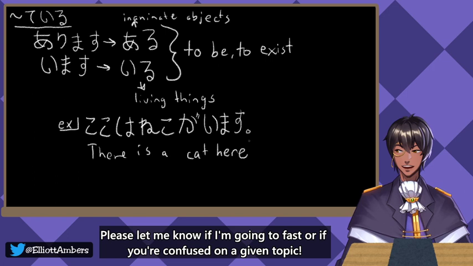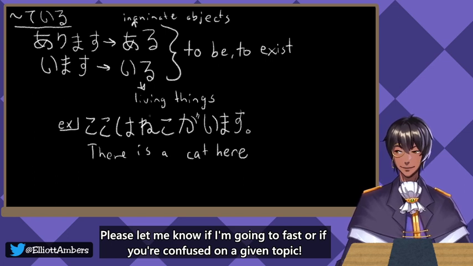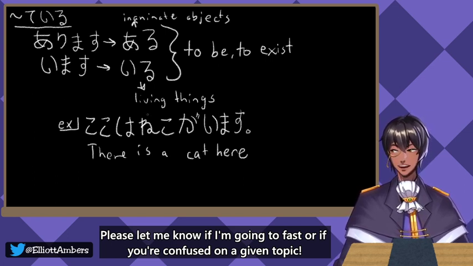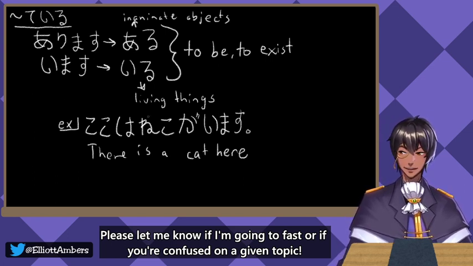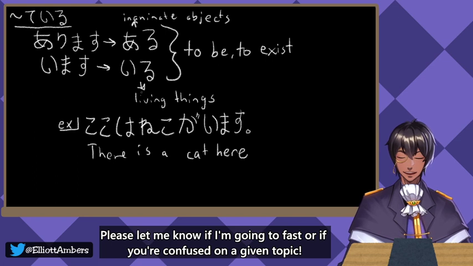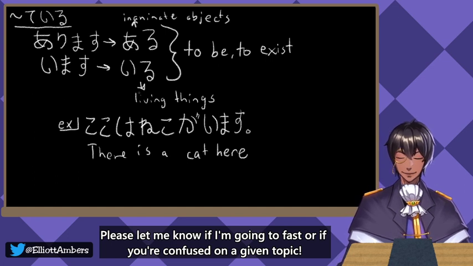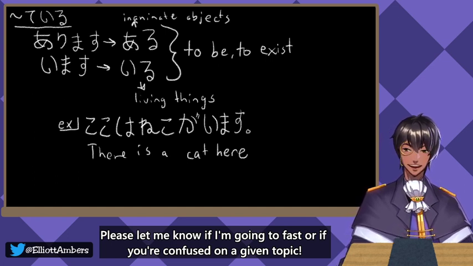Now, we can also attach imasu, and I guess technically arimasu, but typically we do this with imasu because it's attached to verbs that are performed by people, living things. So if we attach imasu to a te form verb, we'll actually get something that refers to the following.